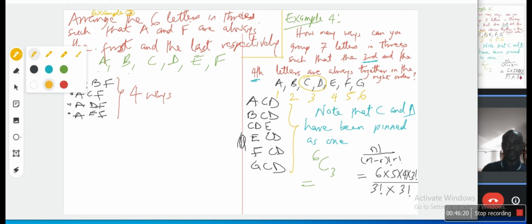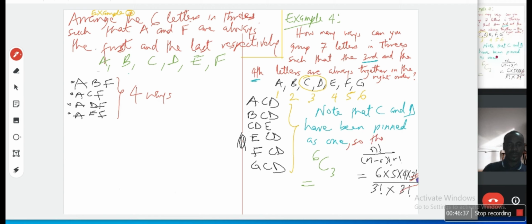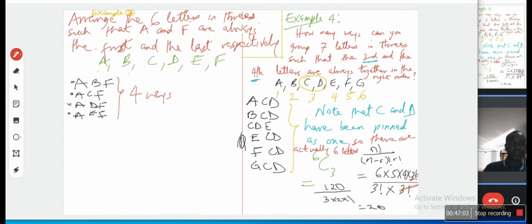Use a different color to cross out that. So I should get 6 times 5 over 3 factorial, which is 6 times 5 is 30, and 30 times 4 is 120.